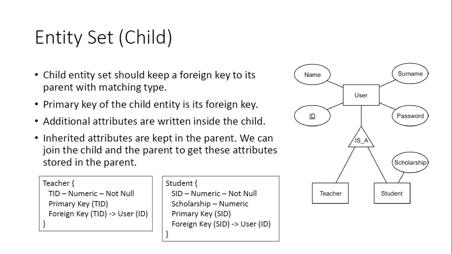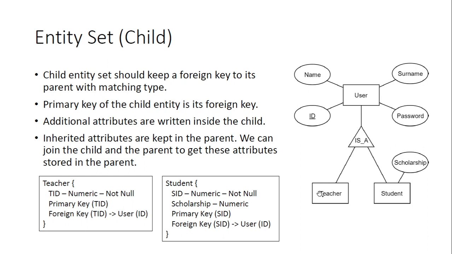In the student case, it's the same thing. We just have this additional attribute called scholarship. So in the ER diagram, we were showing this additional attribute. In the ER diagram, for the child entity sets, since we were inheriting the attributes of the parent, we are not showing the primary key of these child entities explicitly.